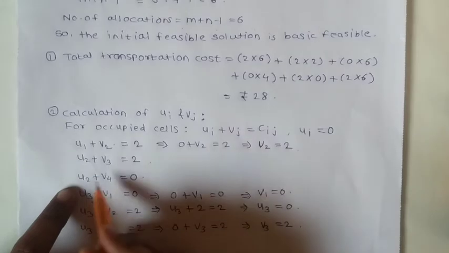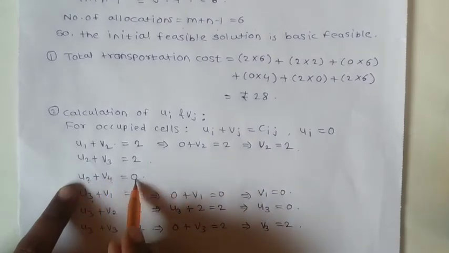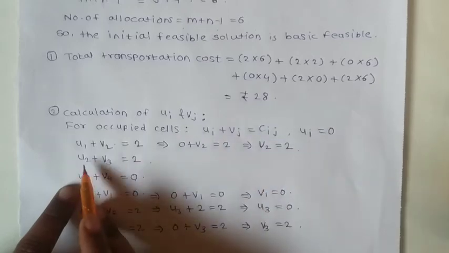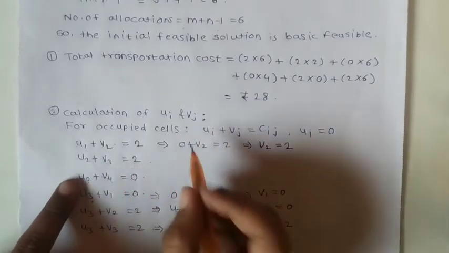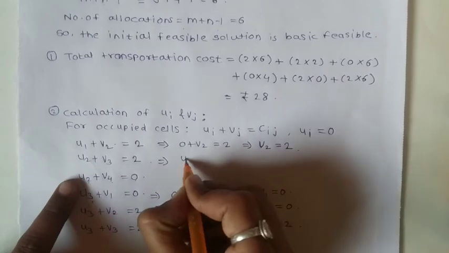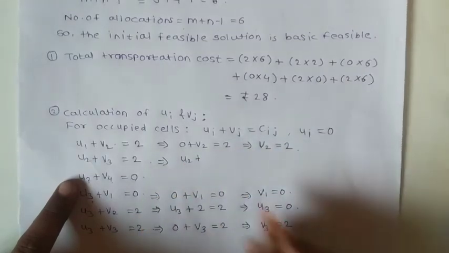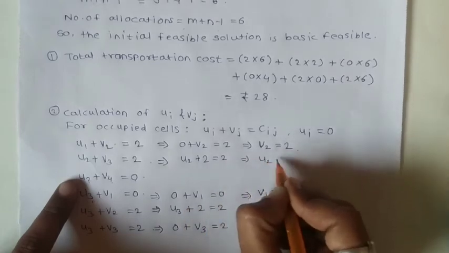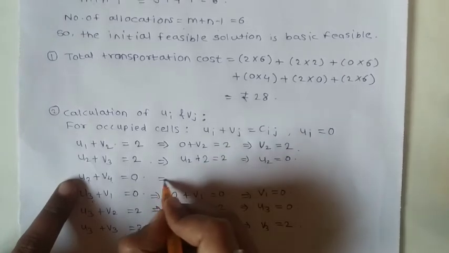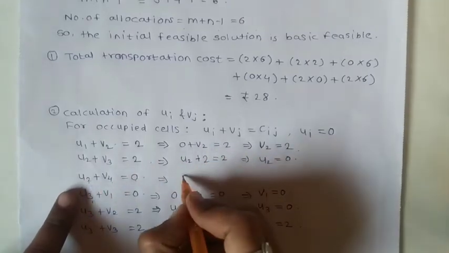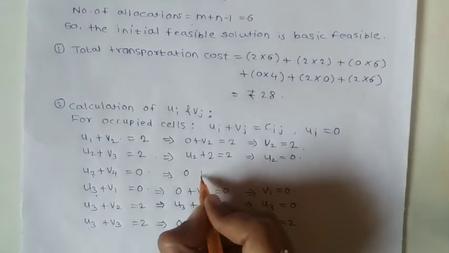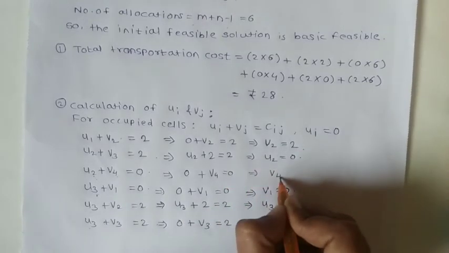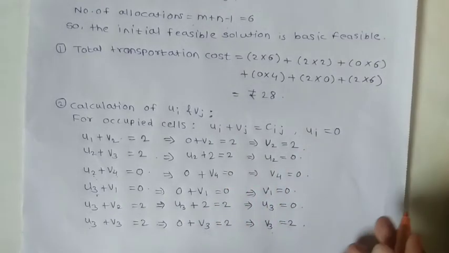Now U2 plus V4 equals 0, and U2 plus V3 equals 2. So U2 plus 2 equals 2 implies U2 equals 0. Substitute the value of U2: 0 plus V4 equals 0 implies V4 equals 0.